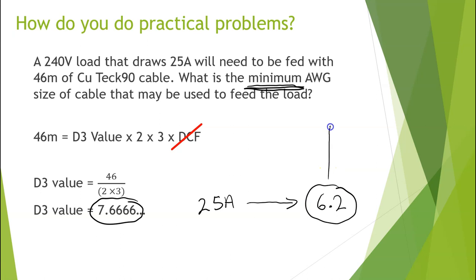And that 6.2 is going to be associated with a particular wire size, and in this case, number 10. Now what we've done is we've isolated a starting point for our calculation. We've identified that number 10 could be an option, and now we need to verify it.